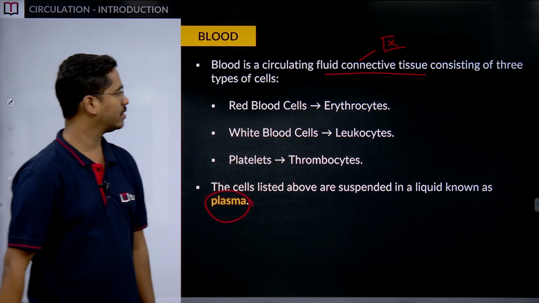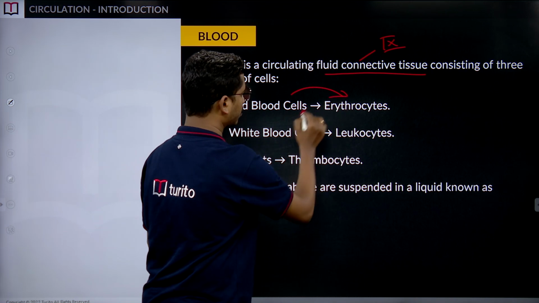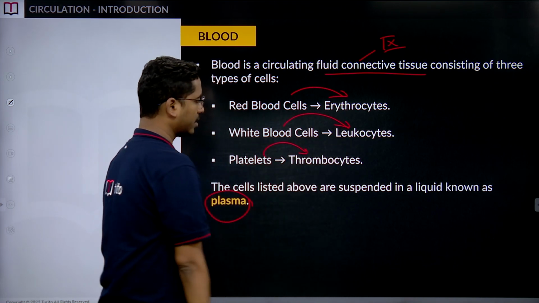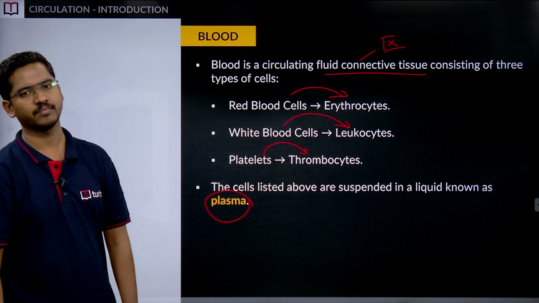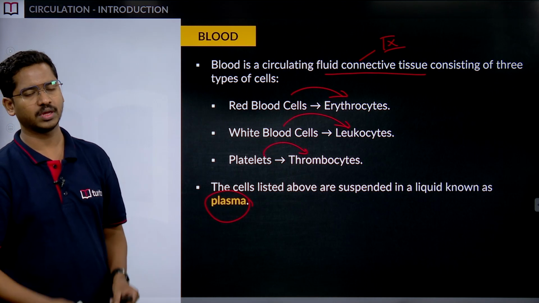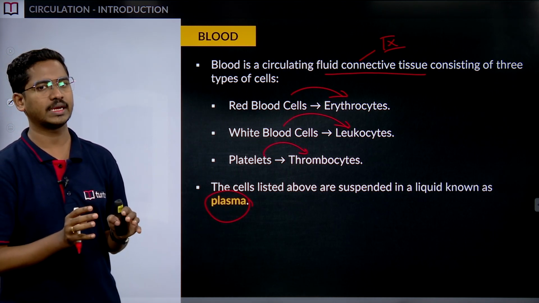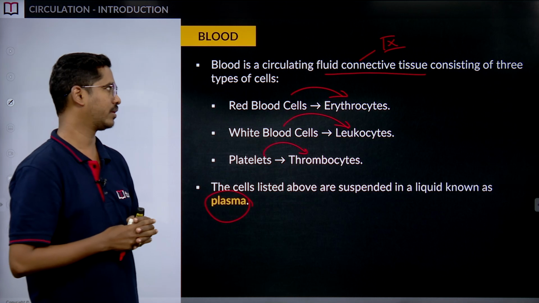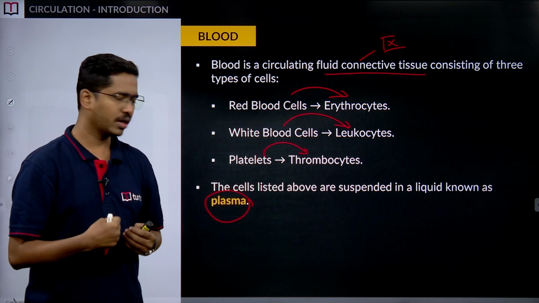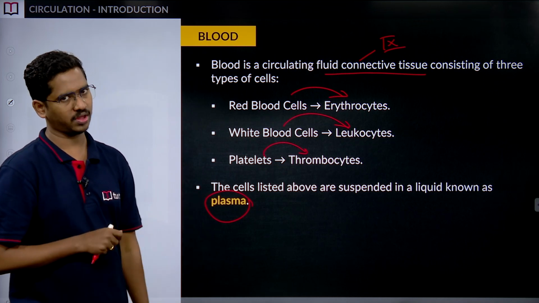So, remember these: RBCs are erythrocytes, WBCs are leukocytes, platelets are thrombocytes. Okay. So, let us see what else we have for you. So, I think till here you are following it clearly, right. Okay. So, yeah, the cells listed above are suspended in a liquid, a fluid known as plasma.